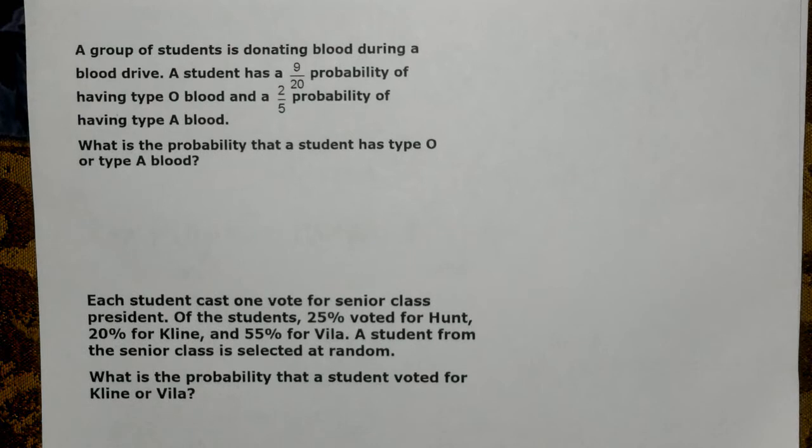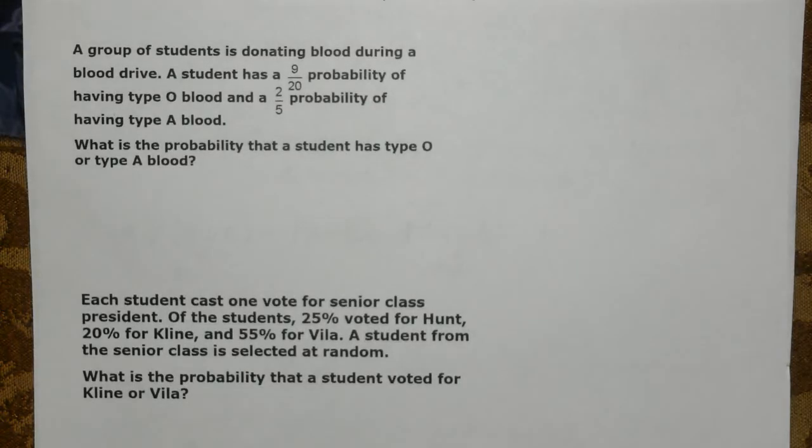So I want to go over some examples just to see this working out. Okay. A group of students is donating blood during a blood drive. A student has a 9 out of 20 probability of having type O blood and a 2 out of 5 probability of having type A blood.